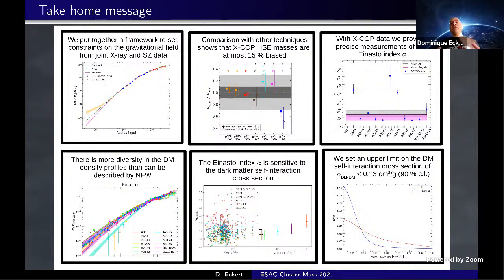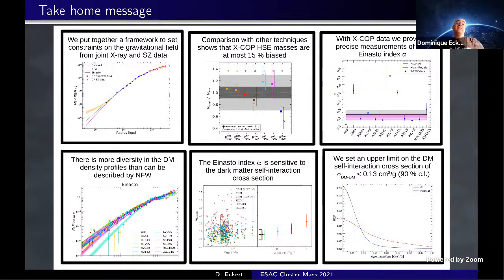So maybe I should explain a little further what the centroid shift means. We take an aperture, we measure the value of the centroid of the X-ray emission within this aperture, and then we change the aperture, we make it smaller, and we compute another value for the centroid of X-ray emission, and we make it smaller and smaller, and we see how this centroid is changing when we change our aperture.